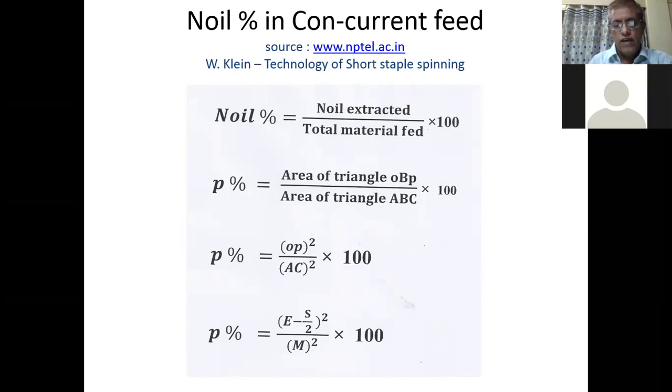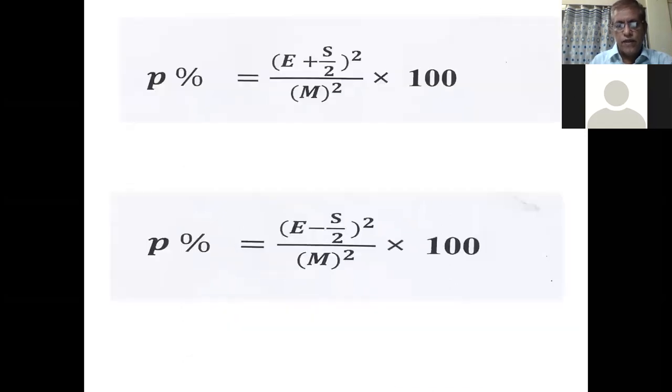So we have now calculated the noil percentage in concurrent feed. In counter feed the formula is ((E plus S) by 2) square divided by M square into 100, and in concurrent feed it is ((E minus S) by 2) square divided by M square into 100.